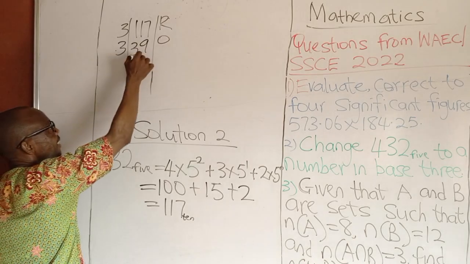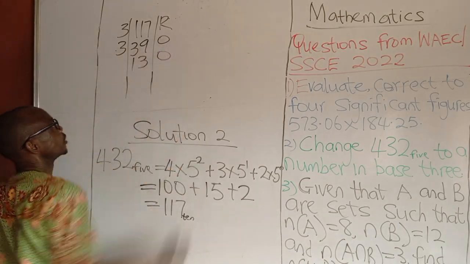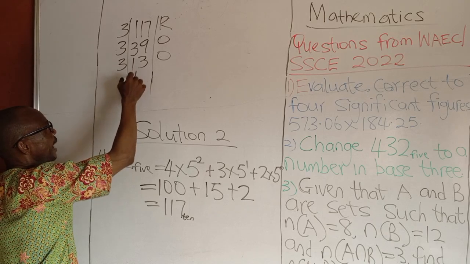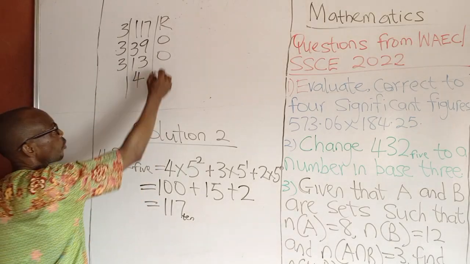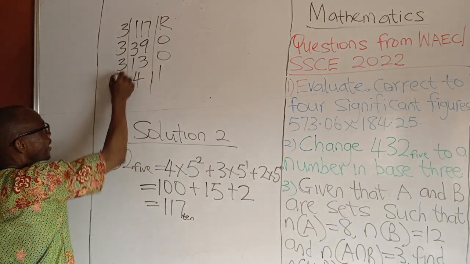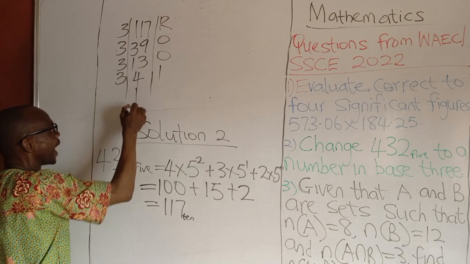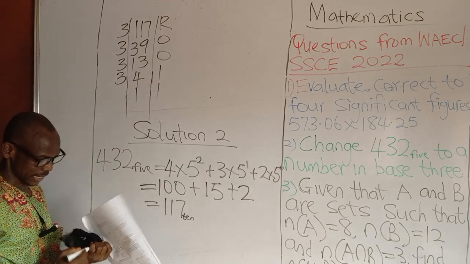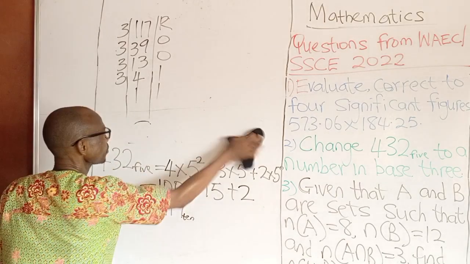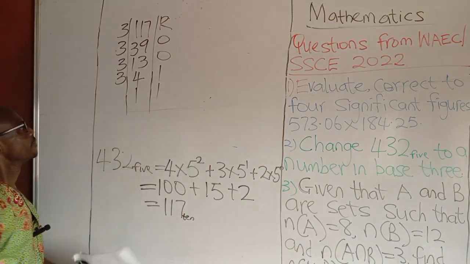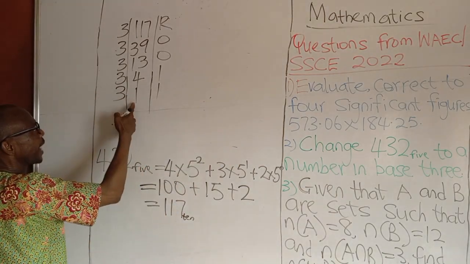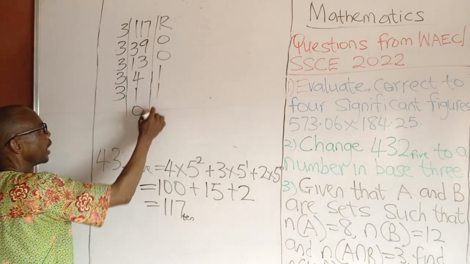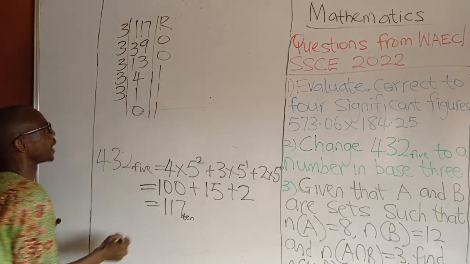3 divide 9, 3, remaining 0. 3 divide 13, 3 into 13 we have 4, remaining 1. 3 divide 4 is 1, remaining 1. And we'll take the next one. 3 divide 1 cannot, 0, and we write remaining 1.